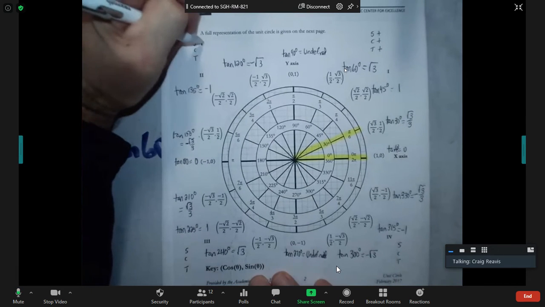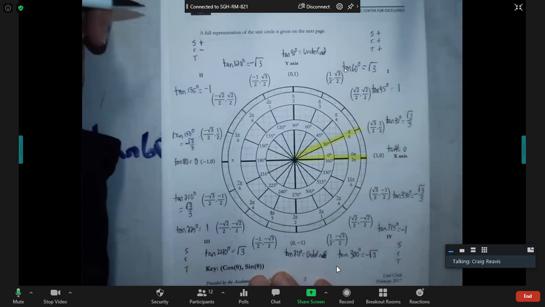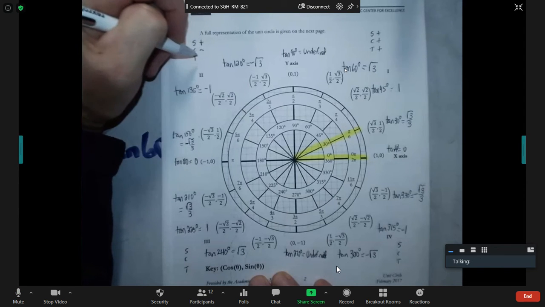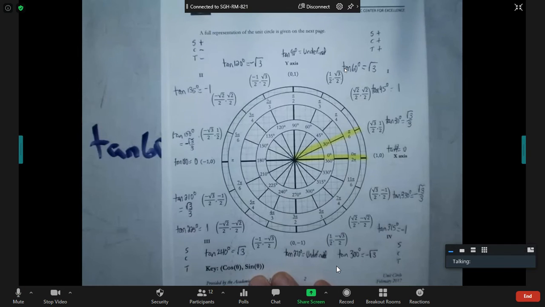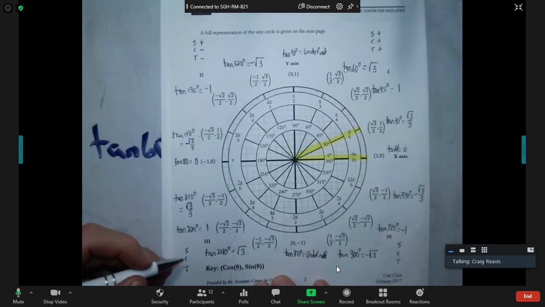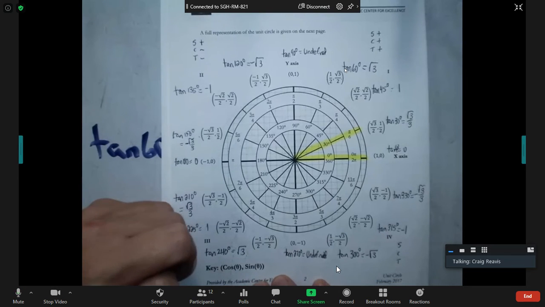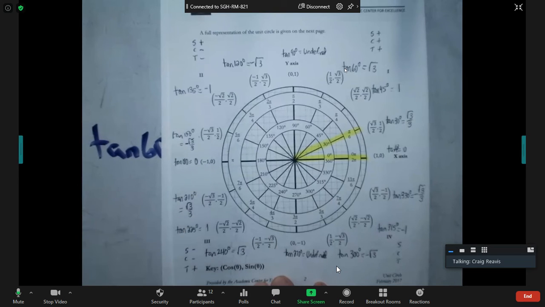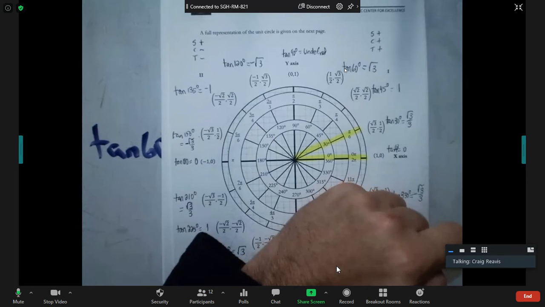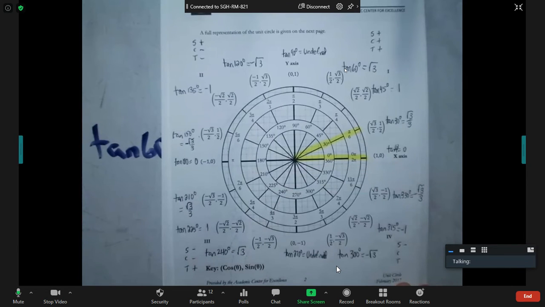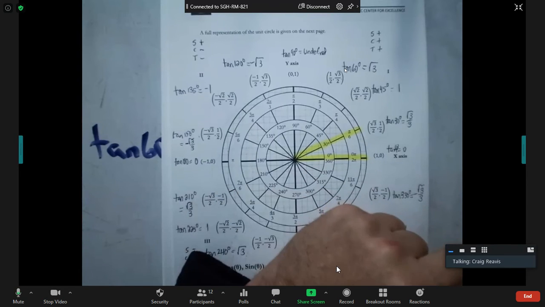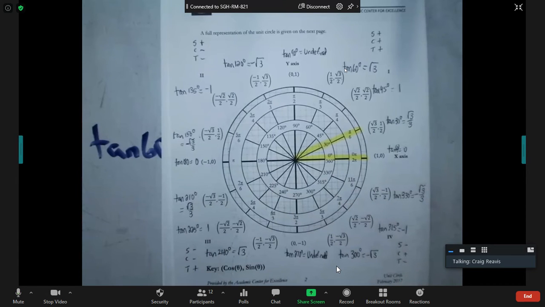The sine is positive, the cosine is negative, and the tangent is negative. In quadrant 3, sine is negative, cosine is negative, tangent is positive. And then in quadrant 4, sine is negative, cosine is positive, tangent is negative.